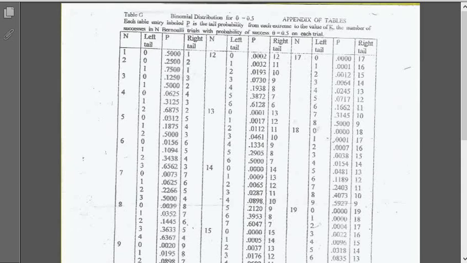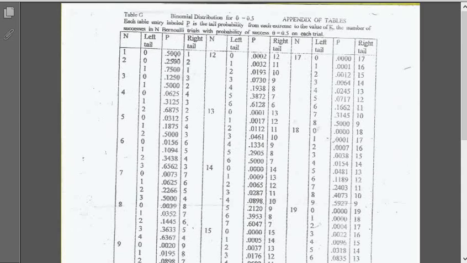So this is the table that we have used for testing the sign test median. It is given capital N, the number of observations used for testing, that is N plus and N minus.